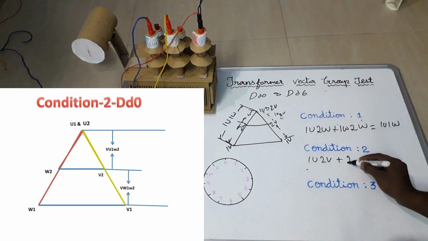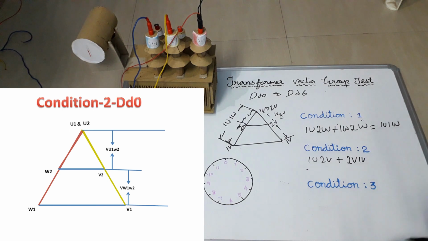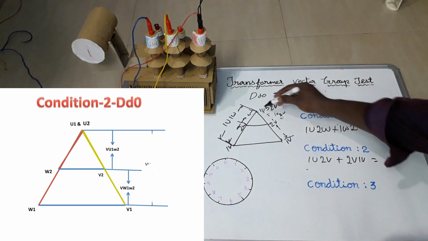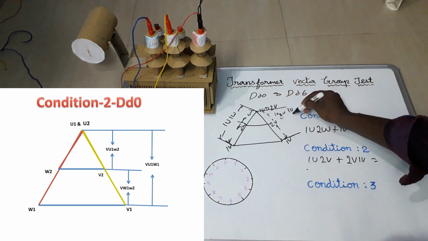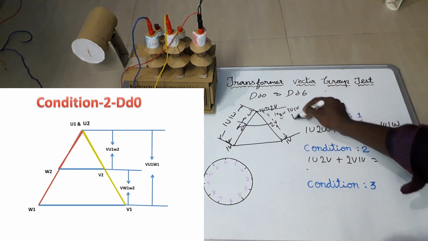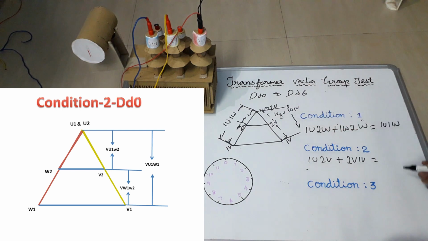That is 2V and 1V voltage. When you add this voltage, this should be equal to this overall. That is 1U, 1V. That is face to face voltage. It should be equal.